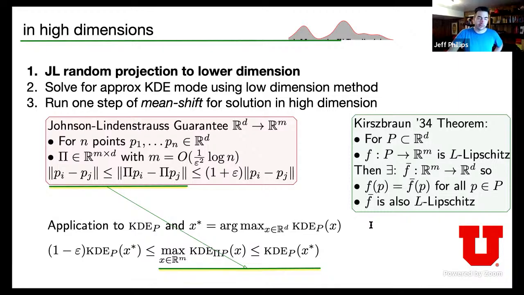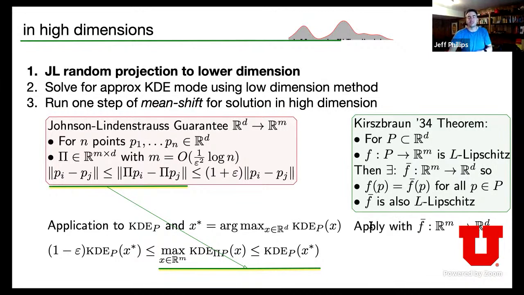The part on the right turns out to be a little bit trickier, and this is why we use this slightly non-symmetric form: we need to guarantee that the solution we find also represents a valid solution in the high dimensional space. To do this, we use Kirszbraun's theorem, which says that if we define a finite Lipschitz map over a point set to low dimensions, then there exists a continuous map over all of R^m to R^d which is also Lipschitz.